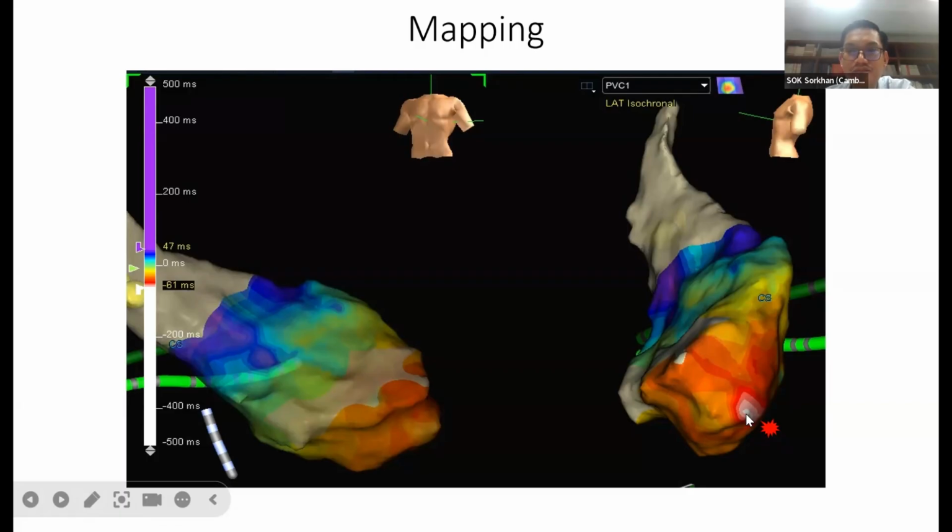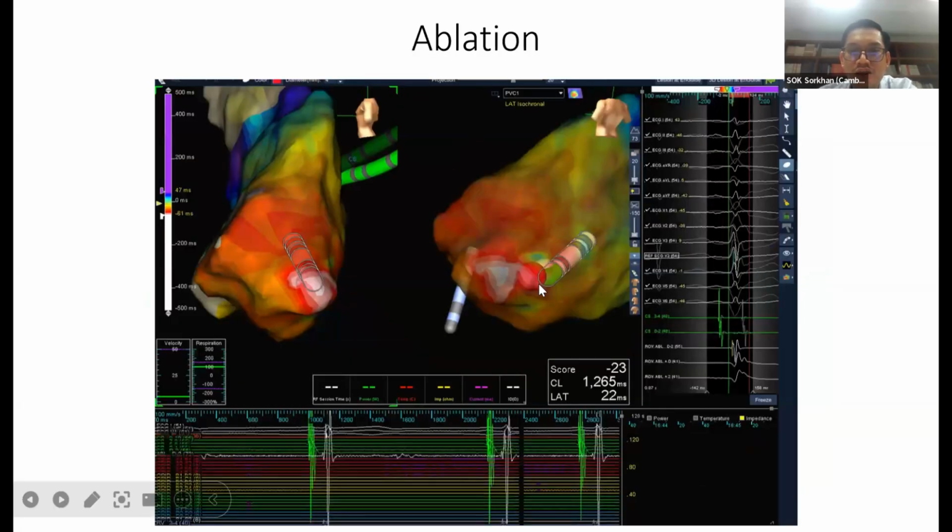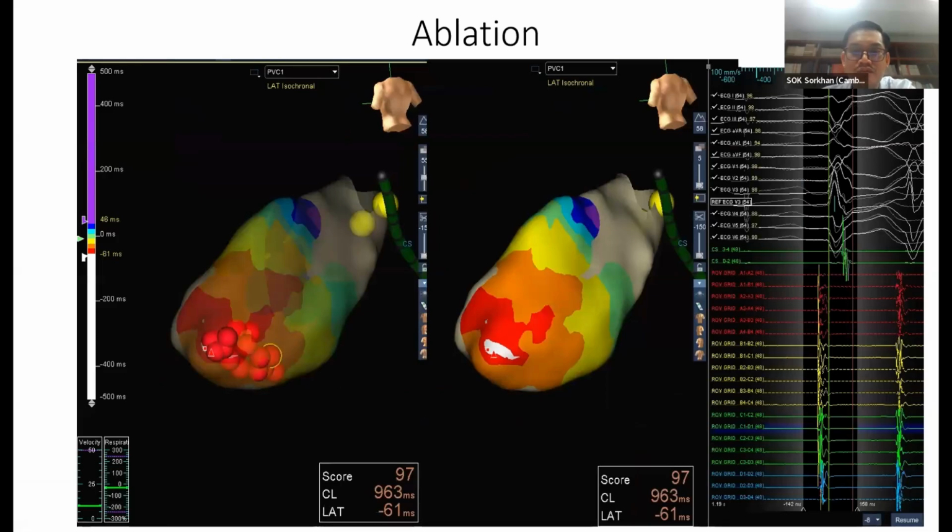We burned at the white spot and around it multiple times to eliminate the PVC as completely as we can. The earliest signal is at the white spot, with a score of 97% and earliest at minus 61 milliseconds. And we got a good result.